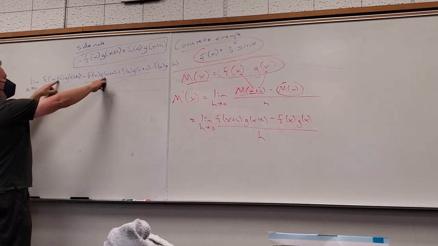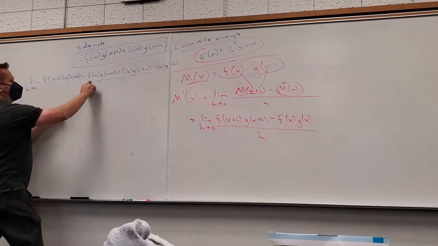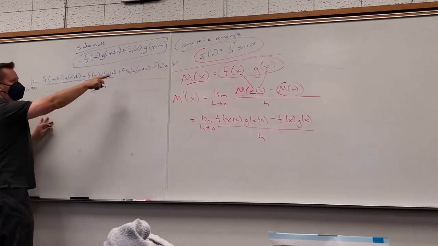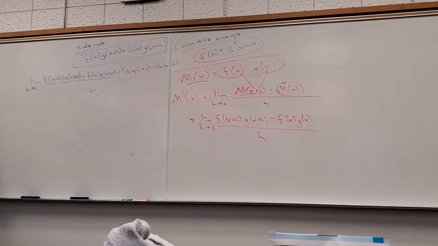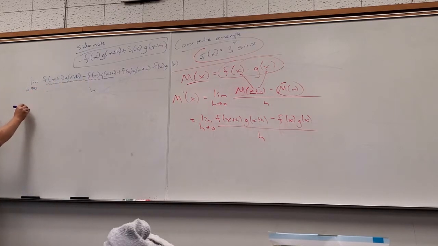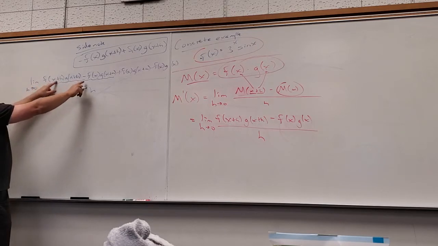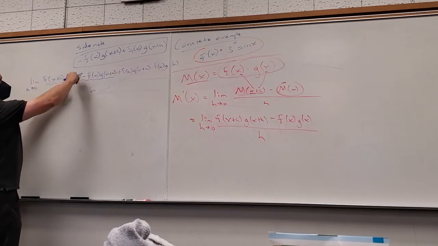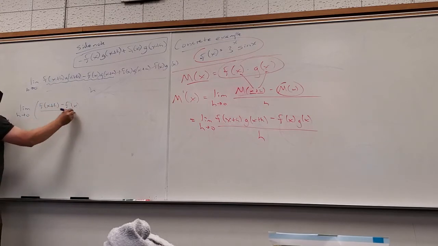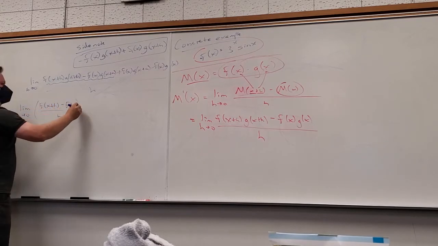What can I do with the first two things here? Do you see how there are 4 terms? So maybe I can group. What comes out of these two? g of x plus h. Do you see how this is f of x plus h minus f of x over h, and I can pull the g of x plus h out? Does that look familiar at all?